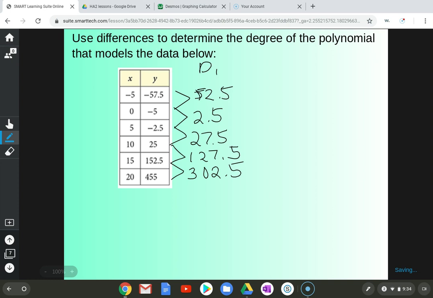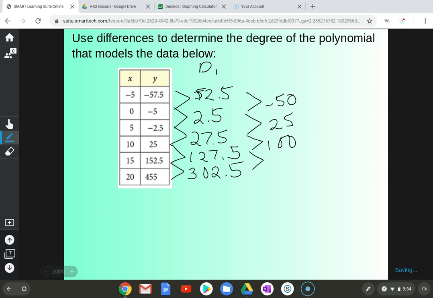So first degree is out. All right, let's do second degree. 2.5 minus 52.5, that's negative 50. Now we get positive 25. Here we get 100.